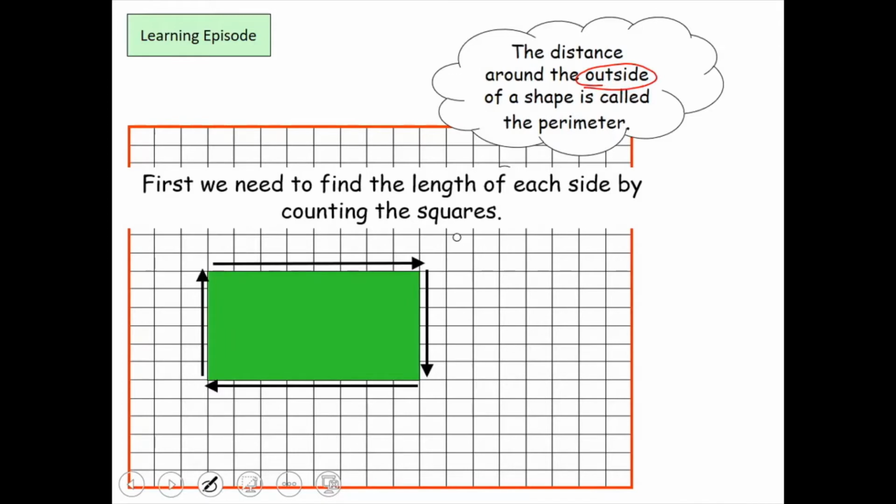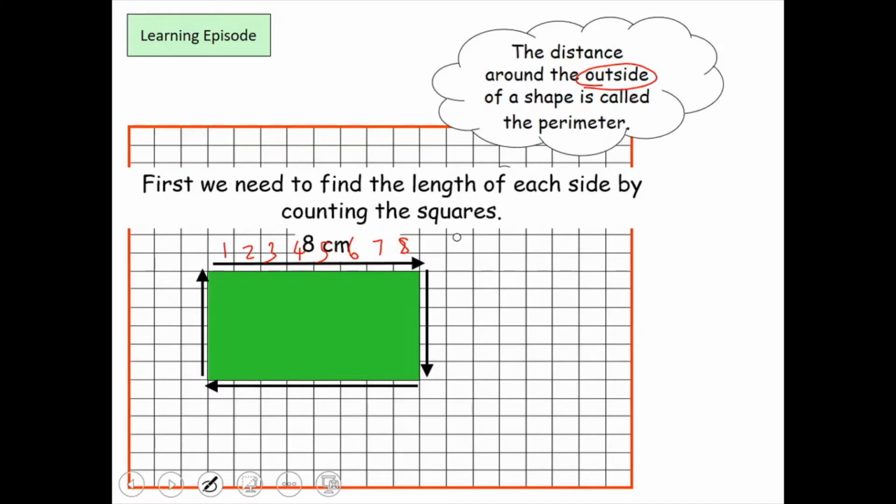So the first one we'll do is just at the top. We'll count these. So there's 1, 2 squares, 3, 4, 5, 6, 7 and 8. So there's 8 squares there. So we know it's going to be 8 centimeters because each square represents 1 centimeter.